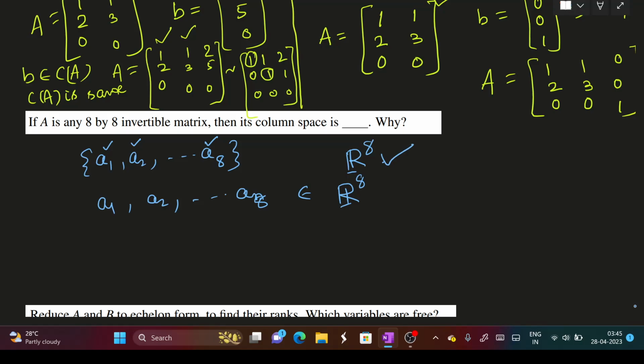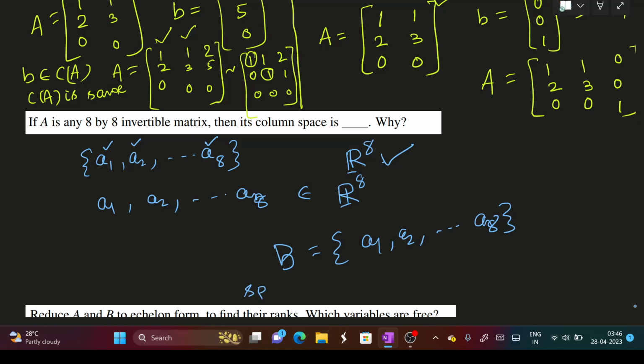Already we know our columns are a basis of C of A. Let B be equal to A1, A2 and so on up to A8.